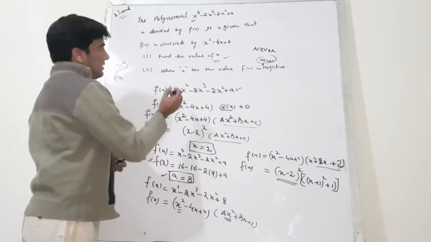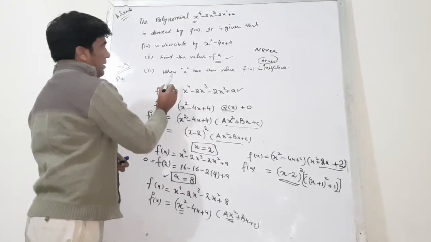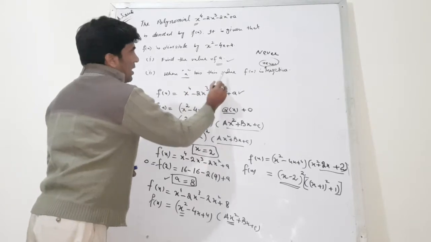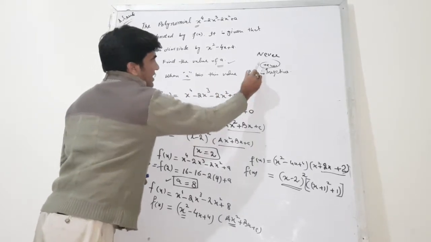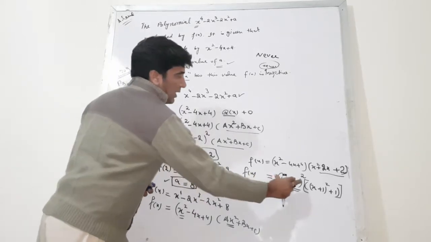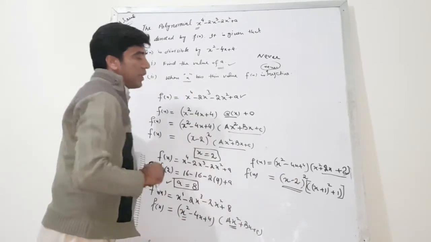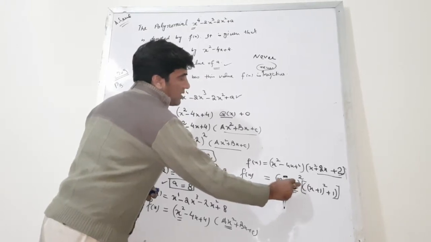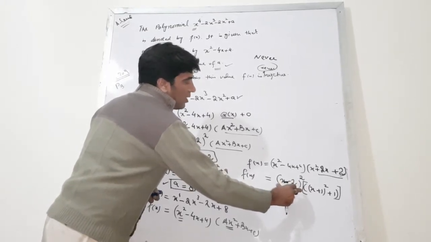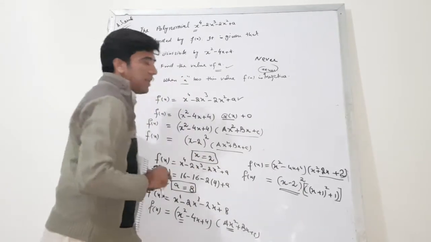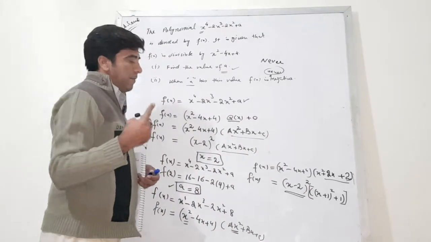Look, as stated in the question, when a has this value, f(x) is never negative. You know that this is a square, and a square is always greater than or equal to 0; a square number can never be negative.